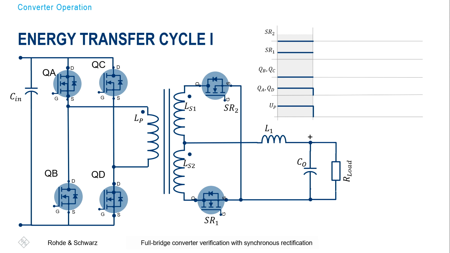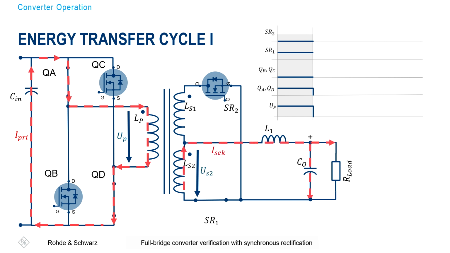On the primary, we can do that, and we need to switch 2 switches simultaneously in a diagonal way. Then we have this current flow through the primary winding, and due to that we can transfer energy from primary to secondary. That means, at the same time, that something is also happening on the secondary side.